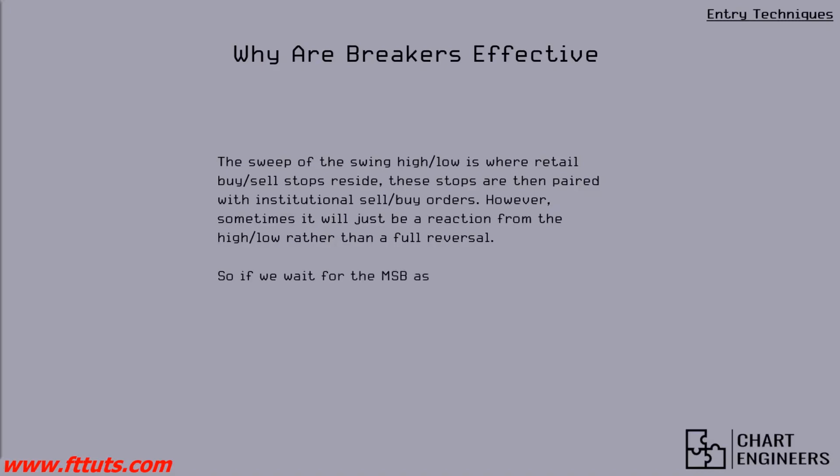These stops are then paired with institutional sell orders. So the institutions are selling when retail traders are buying. And then the opposite, when we get a sweep of a swing low, that is where retail sell stops will reside, and then these stops are then paired with institutional buy orders. So when the retail are selling, the institutions are buying.